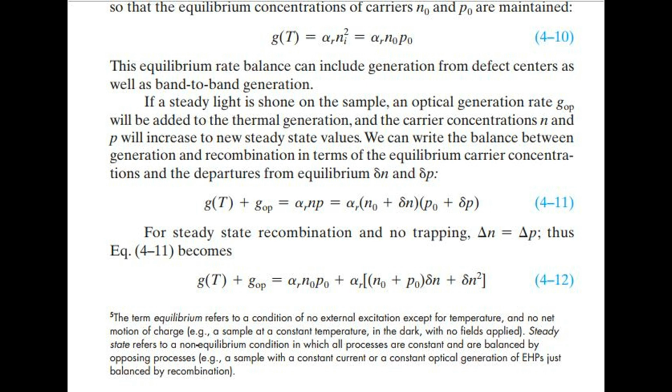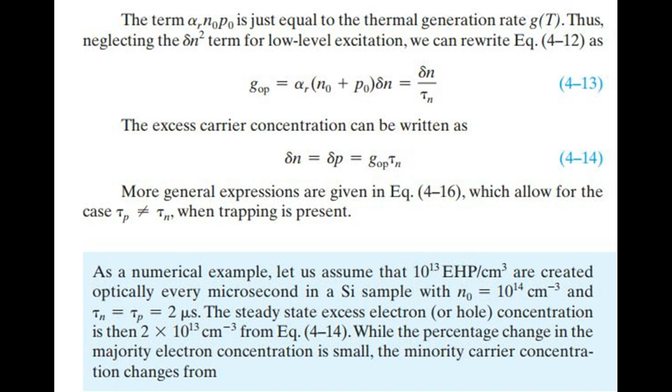Steady state refers to an equilibrium condition in which all processes are constant and are balanced by opposing processes, for example, a sample with a constant current or a constant optical generation of electron-hole pairs just balanced by recombination. The term r n0 p0 is just equal to the thermal generation rate g_th.